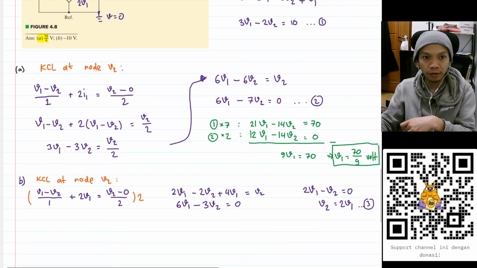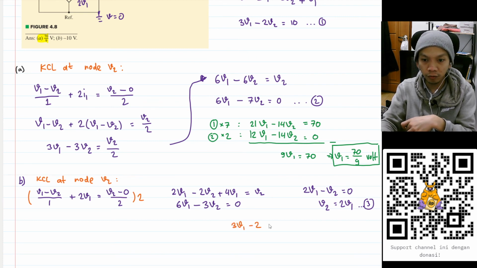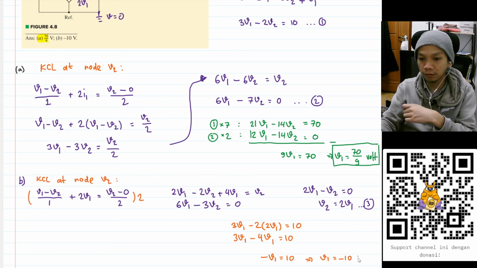So we will have 3V1 minus 2V2, but V2 is 2V1, and that will equal 10, right? So I will have 3V1 minus 4V1 will equal 10, or minus V1 will equal 10, and then V1 will be minus 10, and the unit is volt.